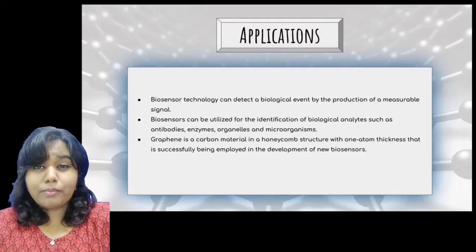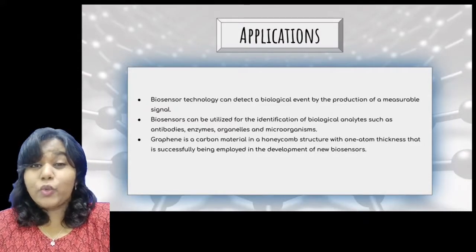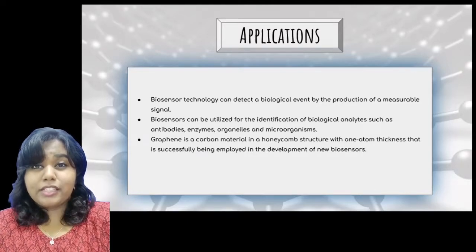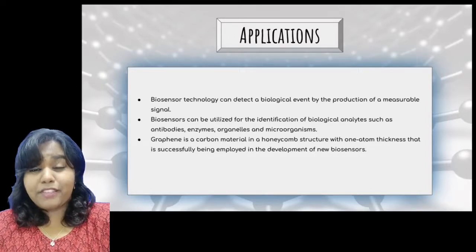It also has a high room temperature electron mobility, and lastly a tunable band gap where no electron states exist, and tunable optical properties. So the properties of graphene allow for the development of biosensors with improved performance. The relatively inexpensive production cost, along with a low environmental impact, also makes graphene an attractive material of choice.